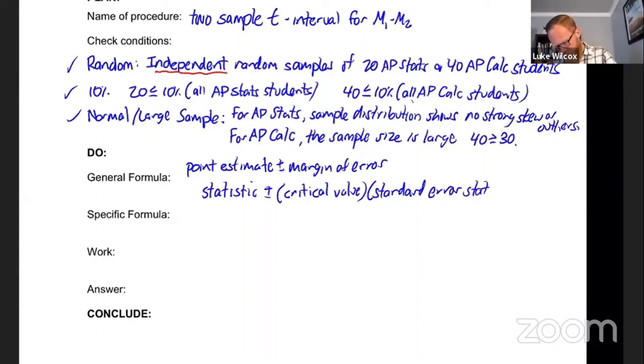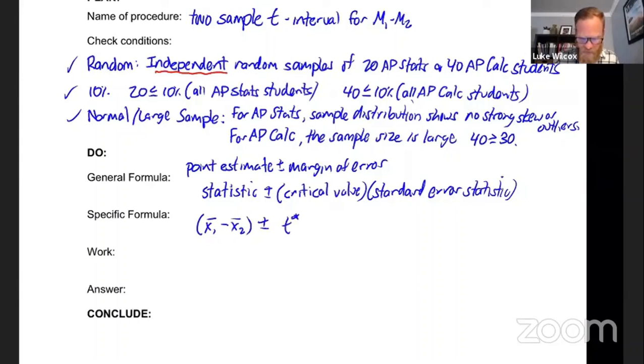Now the specific formula is where we're going to have to do a little bit of work here. The statistic this time is the difference in the sample means, x1 bar minus x2 bar. Critical value, because we're still dealing with means and we have to use the standard deviation of the samples because we don't know the standard deviation of the population, it's going to be t star.